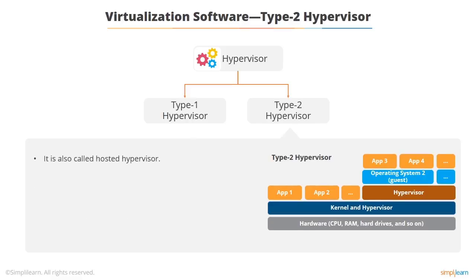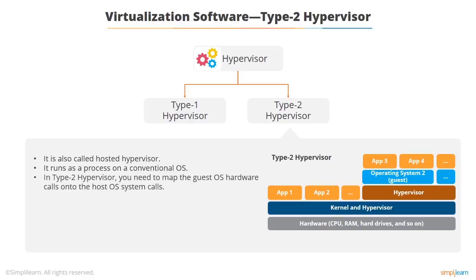So now we go to type 2, which is a hosted hypervisor. Basically, what happens is the hypervisor software runs as a single process on a normal operating system. It doesn't matter which one it is, as long as it supports it. And then you run a virtual machine on the hypervisor, but what it has to do is emulate some of the calls from the guest operating system onto the host one.